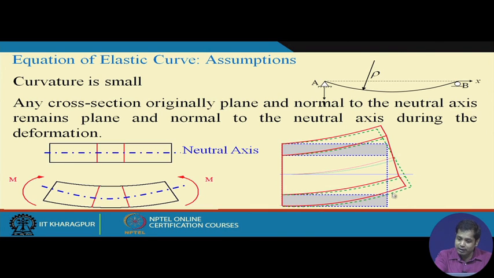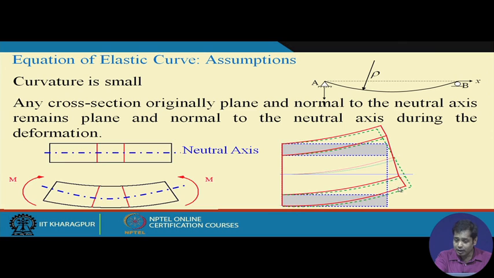Now, what happens when it undergoes deformation? Initially, in the undeformed configuration, this line is a plane, but in the deformed configuration with the deformation shown in red line, this plane does not remain plane.